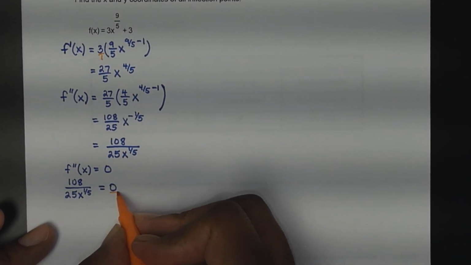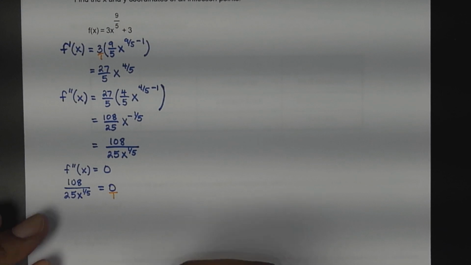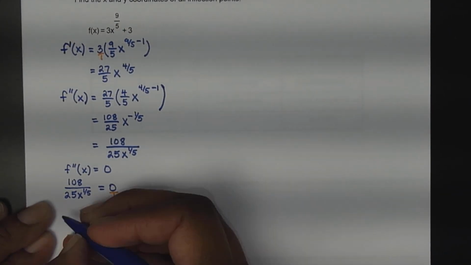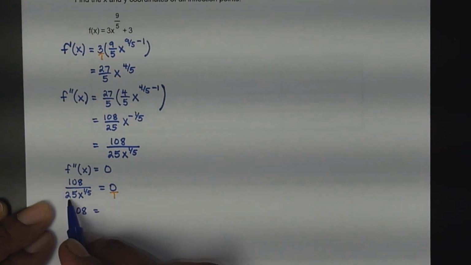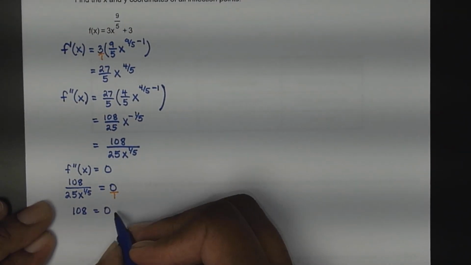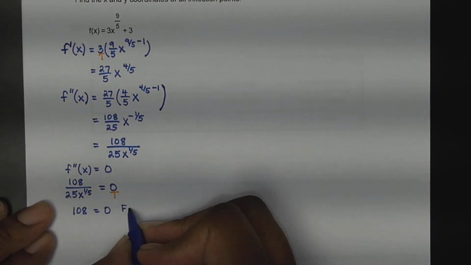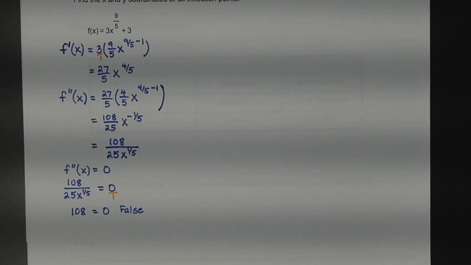But I'm going to treat that 0 as 0 over 1. And if I try to do any cross multiplication, I'm going to have 108 times 1 would be 108. Then that's equal to 25x to the 1/5 times 0, which is 0. And 108 equals 0 is a false statement.